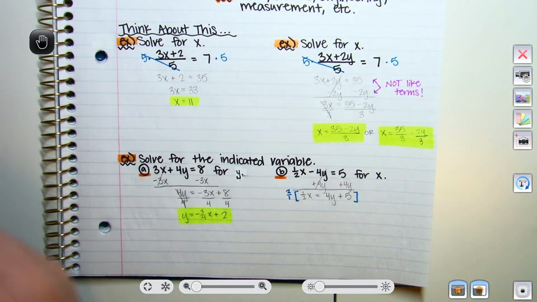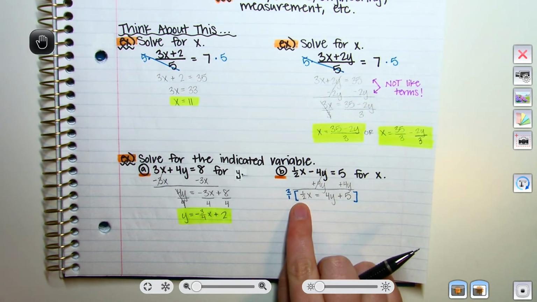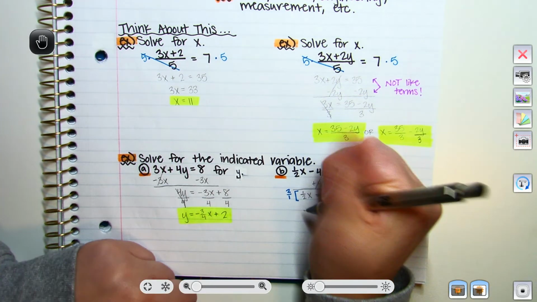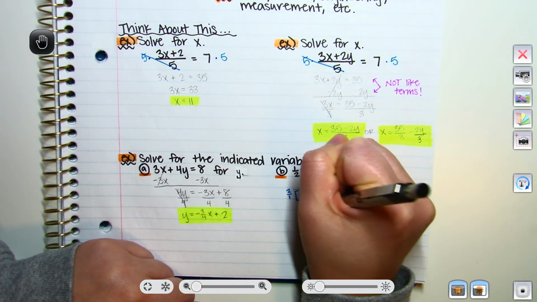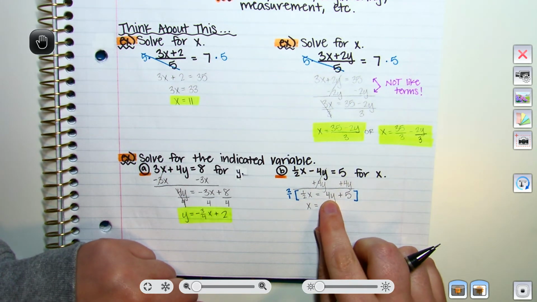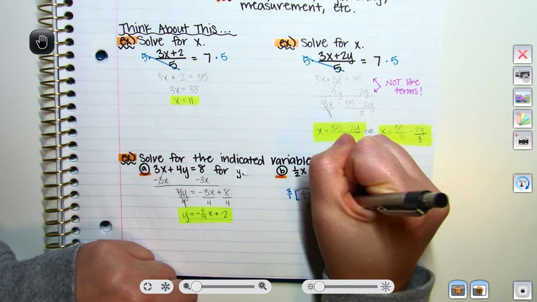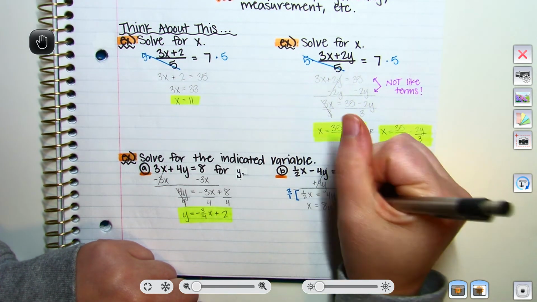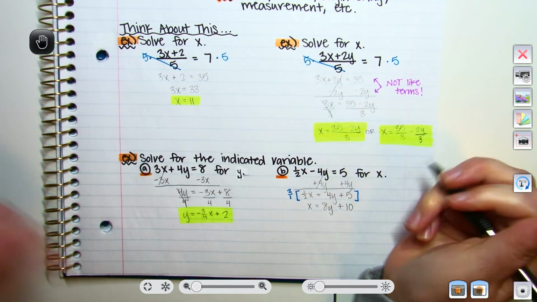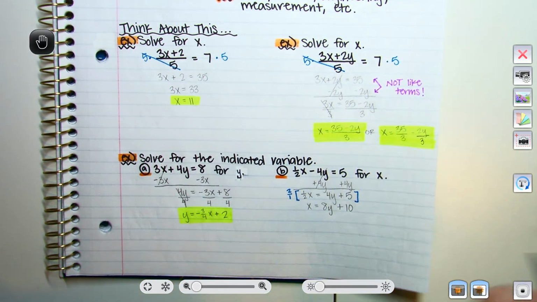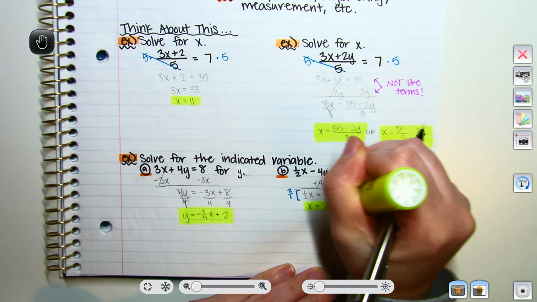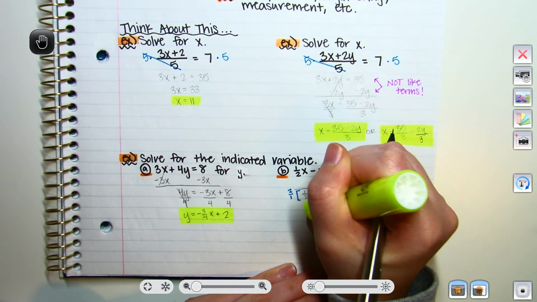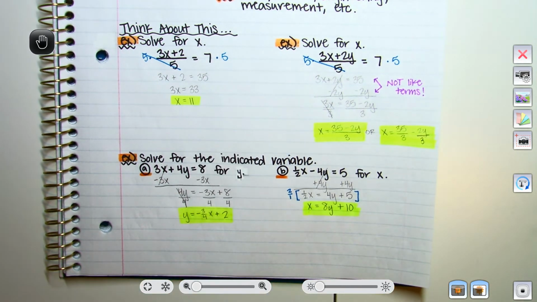And when I do that, my 2 over 1 times 1/2 will cancel and leave me with just x, equals 2 over 1, which is just 2, times 4 is 8, and I still have that y, plus 2 times 5, which is 10. And there we go.